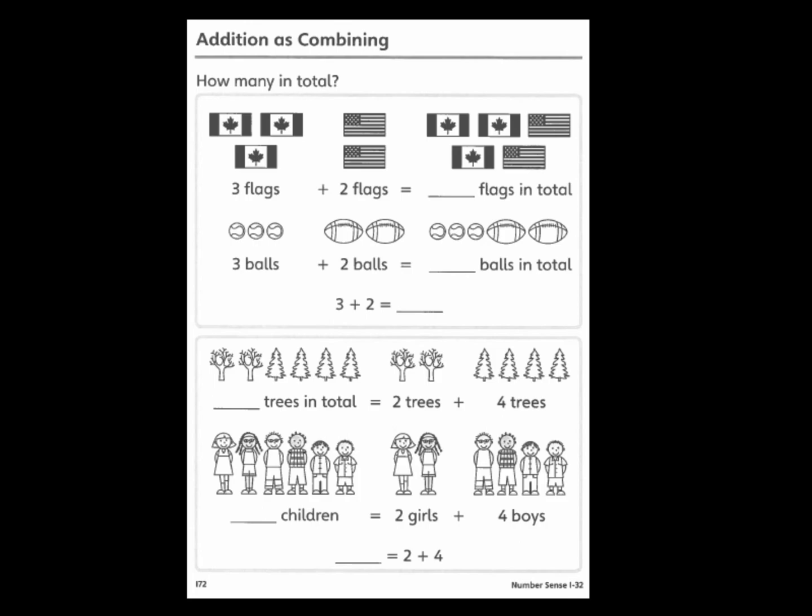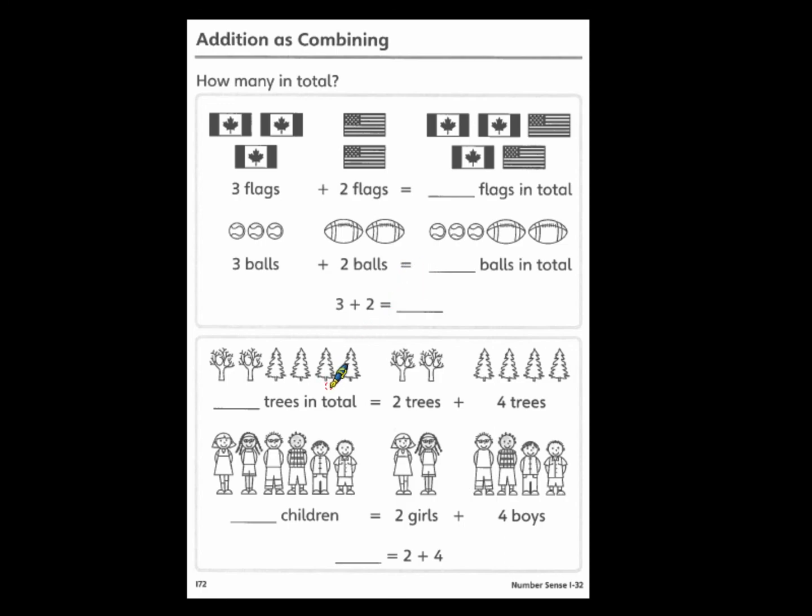You only have 2 pages today, and they're not super hard, I don't think. We are figuring out these number sentences. So 3 flags plus 2 flags is how many flags altogether in total? 3 balls plus 2 balls is how many balls altogether in total? 3 plus 2, no matter what you're adding, is always going to have the same number.